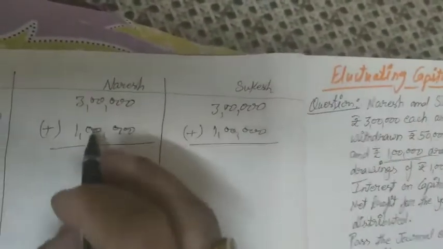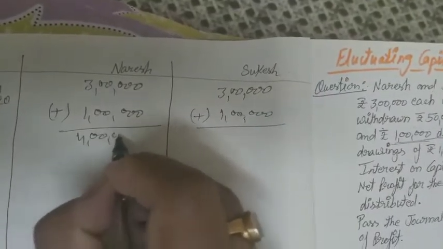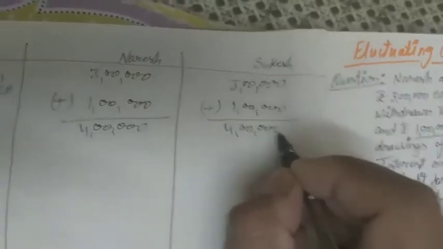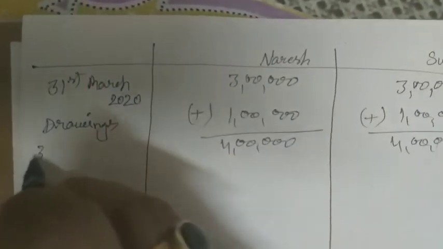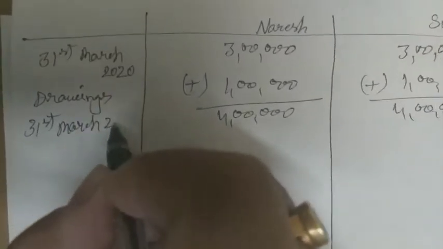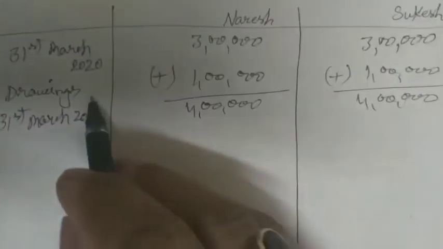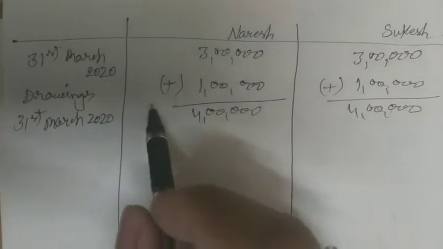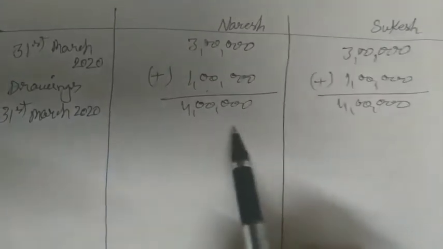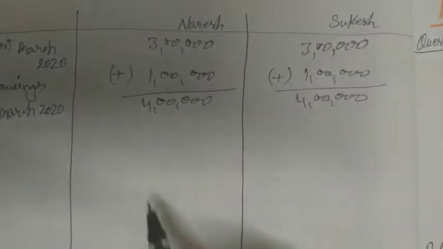So 4 lakh rupees capital on 31st March 2020, now before drawings, because whatever drawings they had withdrawn, we have added again. So 4 lakh rupees both partners have.